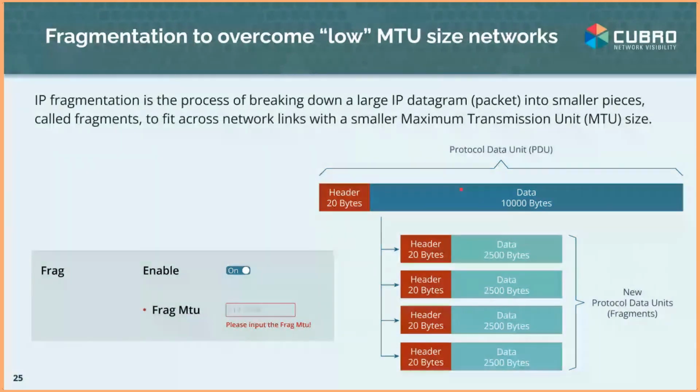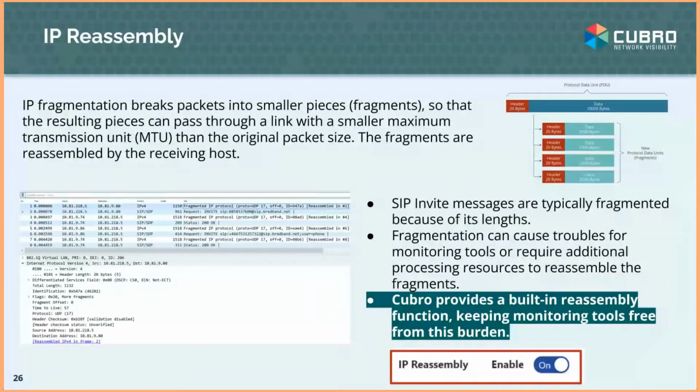This is another possibility of a CPU. The opposite of fragmentation is called reassembly. Very often we have seen analyzer products that cannot handle fragments, so the traffic is incomplete for them and they cannot do any analysis.